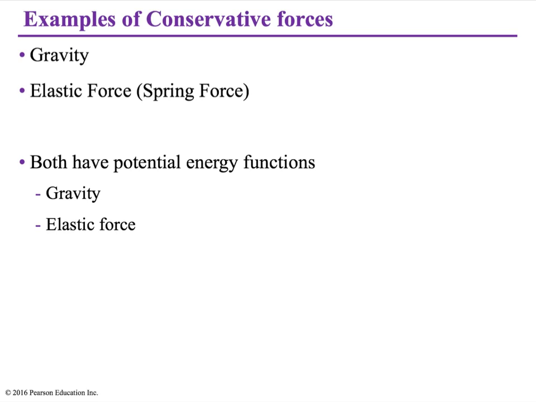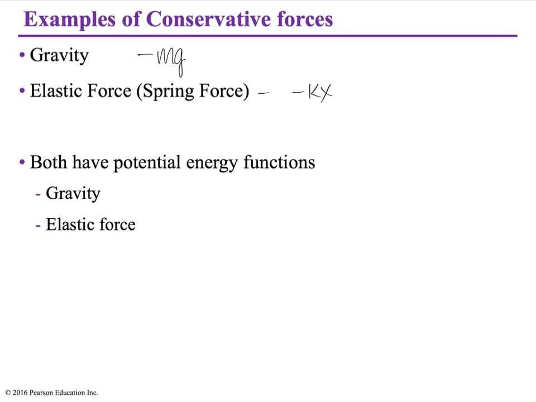So far we've actually run into two examples of conservative forces. We didn't really maybe realize it, but we did. The two kinds of forces are gravity and the force of a spring, the elastic force. So the force of gravity is mg, the elastic force is minus kx.